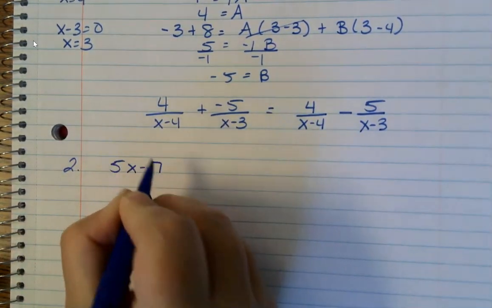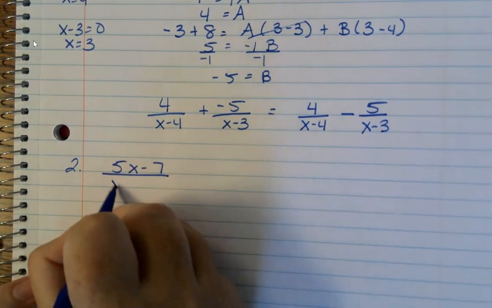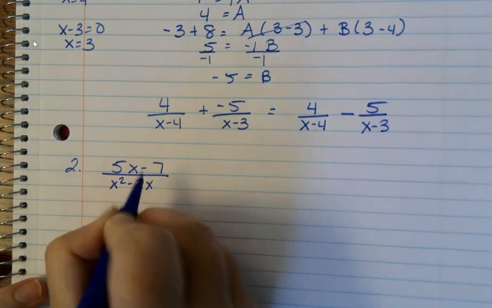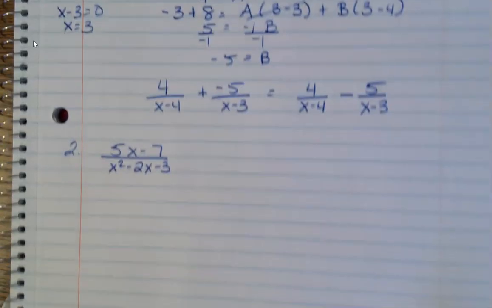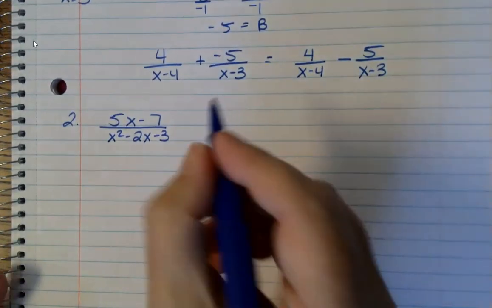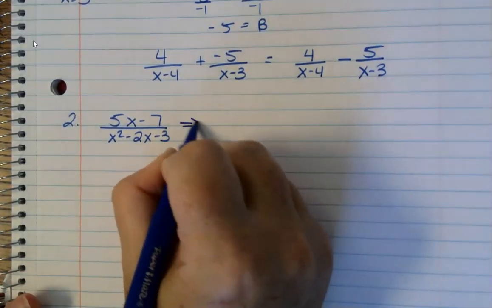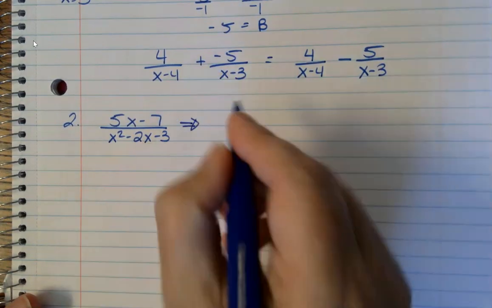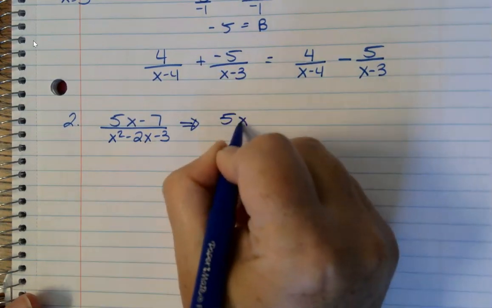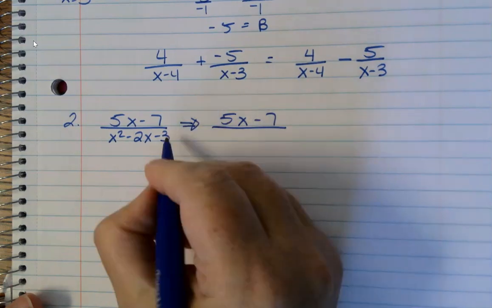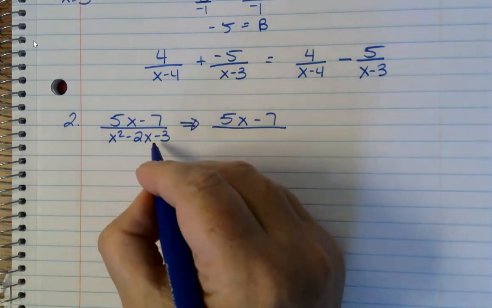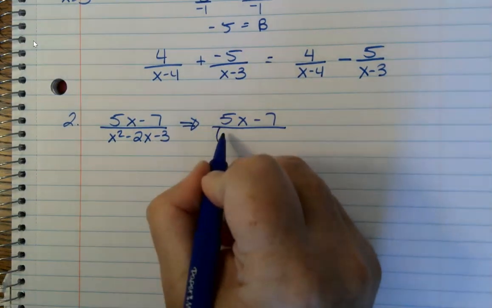So 5x minus 7 over x squared minus 2x minus 3. So we're going to do the exact same procedure. So step 1, factor that denominator. So what times what gives me negative 3? When I add, I get a negative 2.